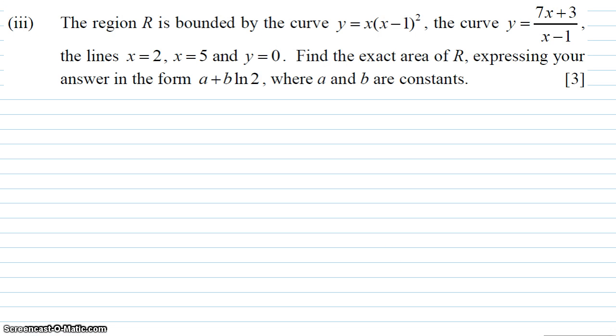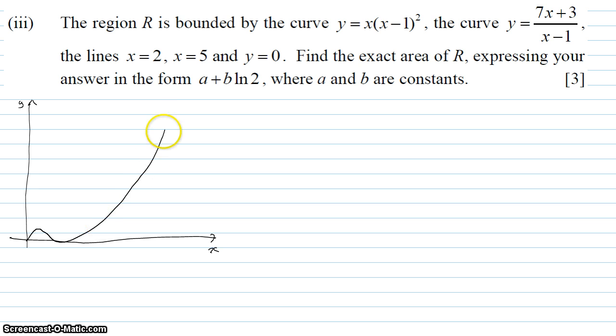So if I draw out a brief sketch of what I'm looking at, I get something that looks a little bit like this, but hopefully more beautiful when done on your page. This is 1, so this would be 2. This is 3, 4, 5.